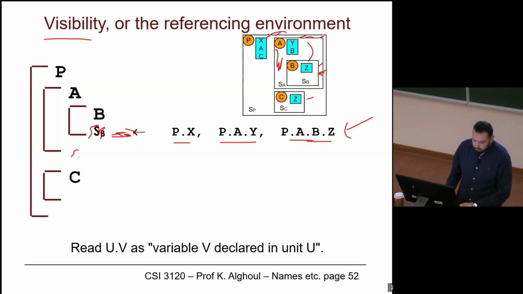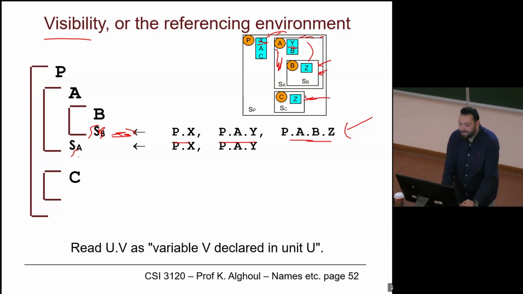Y, B, and then the values of P, so X, A, and C. So here, I'm at A. So you have Y and B, and you have your statement SA, and then the statements of P and X, A, and C. Exactly. Can I have access to Z? Can I have access to C? No. So it's going to look like this: P dot X and P dot A dot Y. We're only mentioning the variables, not the functions.